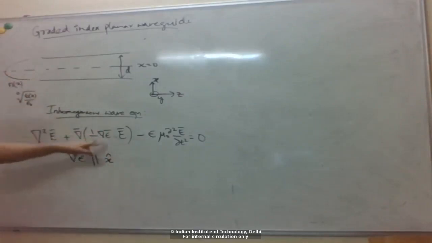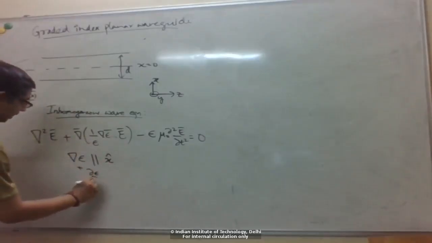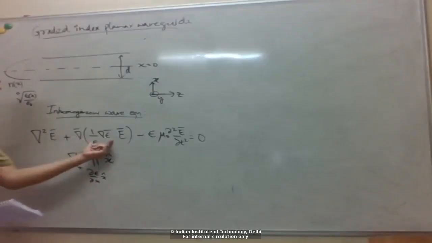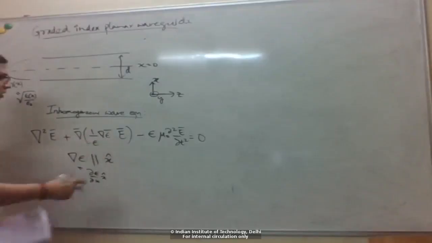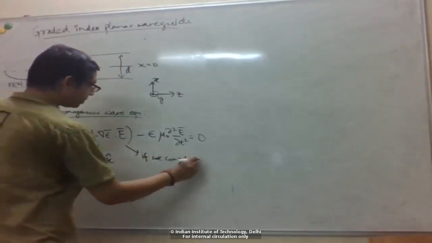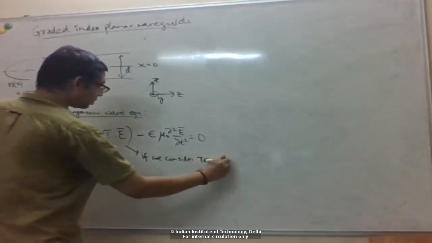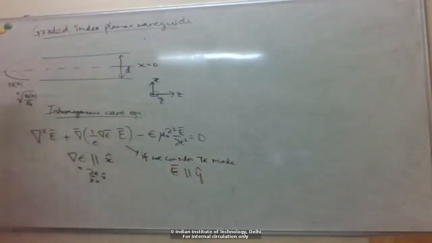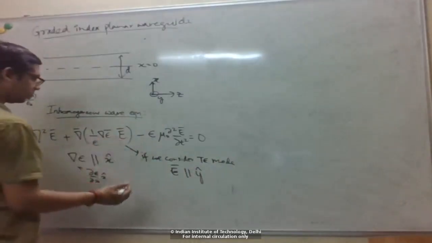Since it's a function of x only, the gradient of epsilon is just del epsilon by del x, x cap. So this term is parallel to the x direction. Now if we consider, for example, a TE mode, there we consider E which is in the y direction. In that case also you can see this dot product will actually be 0.